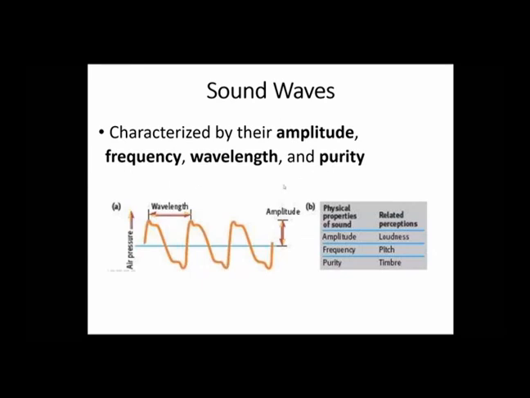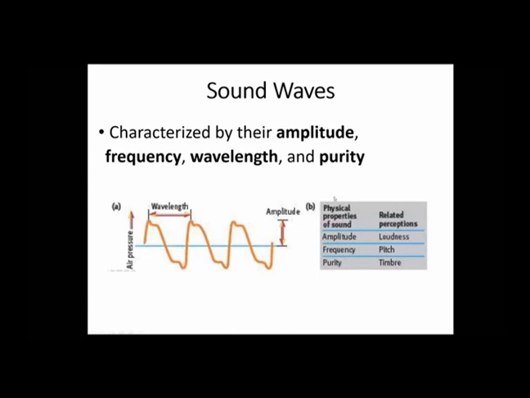So it's a good idea to learn them here because we're going to talk about them in a lot of cases. So our wavelength is the distance, the length between the different peaks in our waves. So from the top of one wave to the top of the next is our wavelength. Our amplitude is how far or how high these waves deviate from our center line.